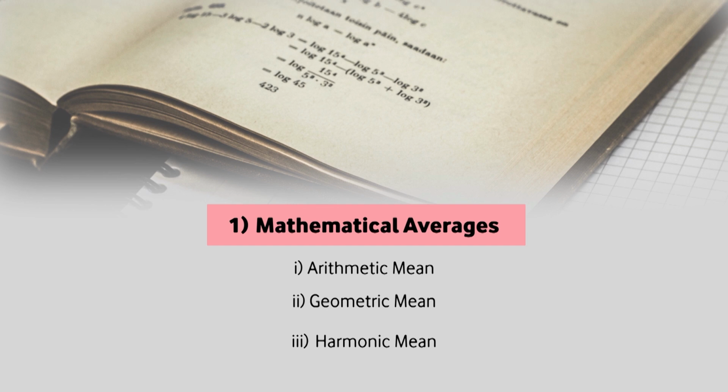We will discuss each one of them in different sessions. These mathematical averages can be either simple or weighted. A detailed discussion we will have in the next sessions, not in this session. In this session we will only focus on the computation of mean.